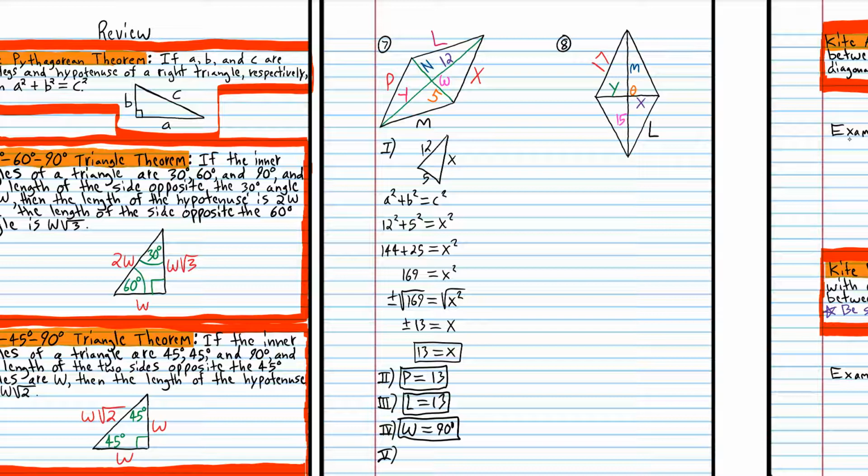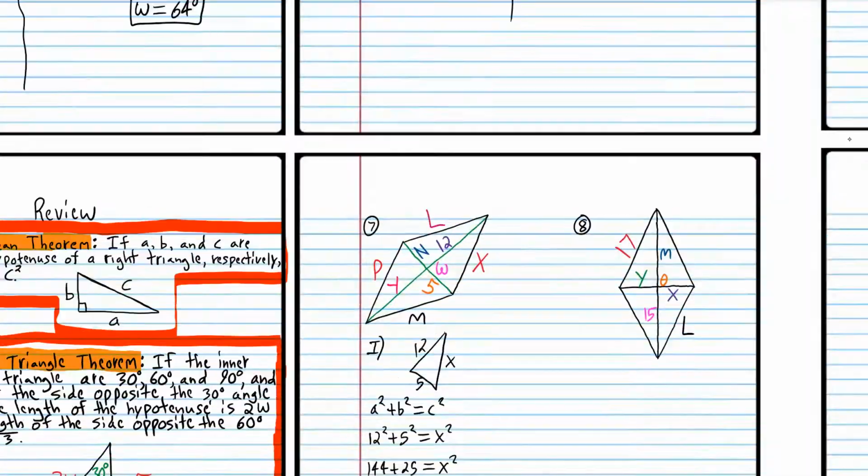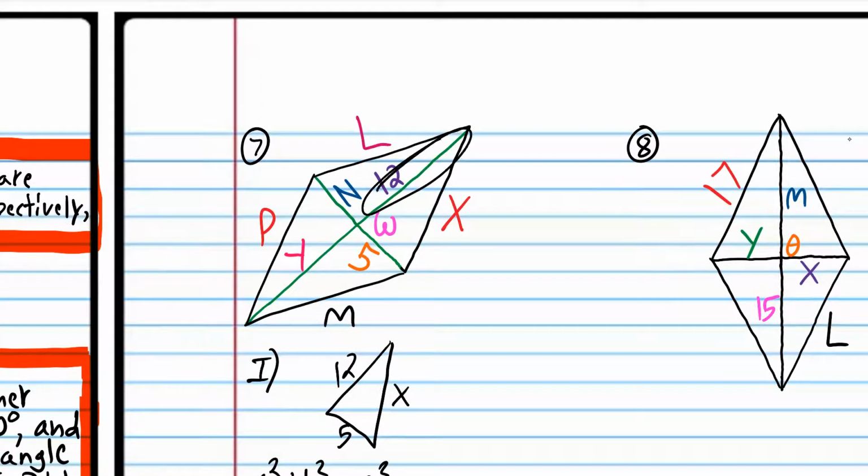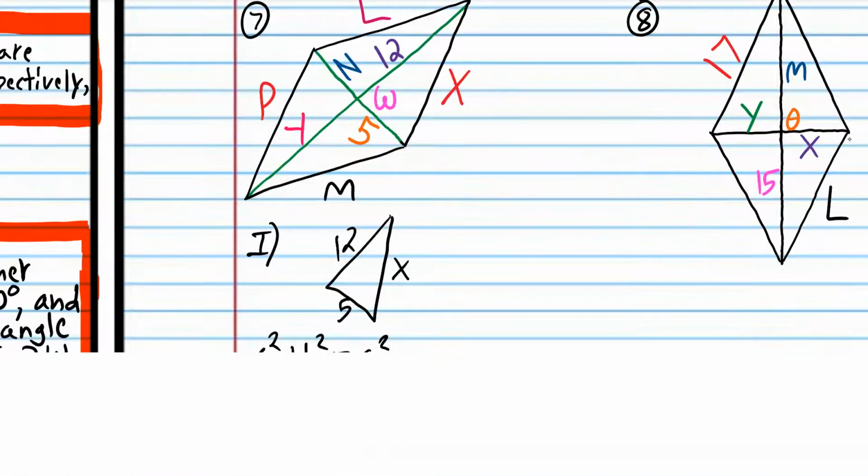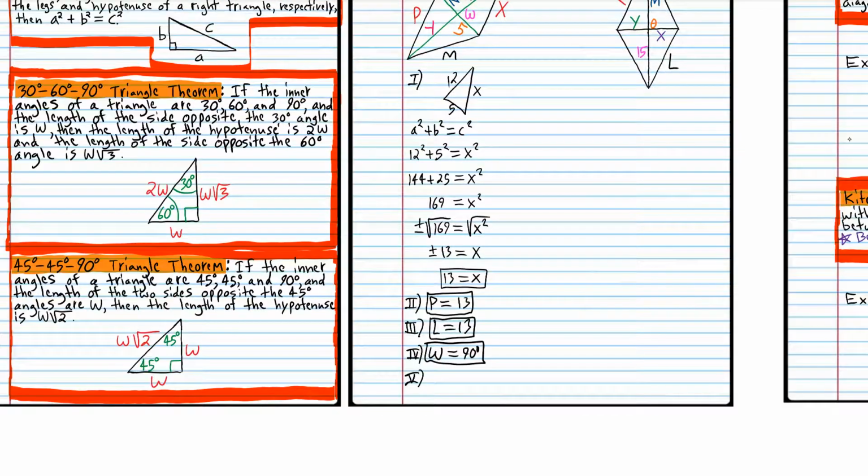And what else can we do? Now this is a parallelogram, so diagonals are bisected. So if this side is 12, or this length is 12, then this length must be 12 also. So y is equal to 12. It'd be nice to actually explain how we know this, but if you did that, these problems would be really long.